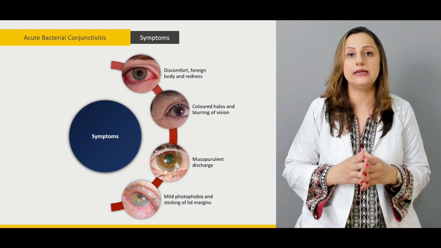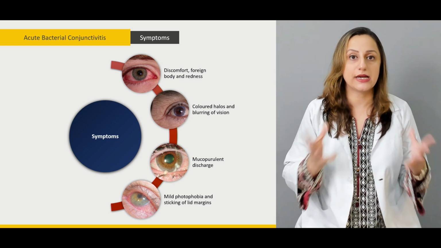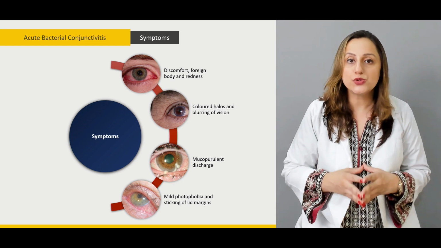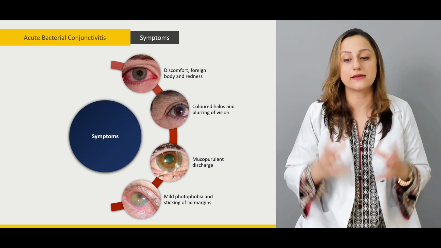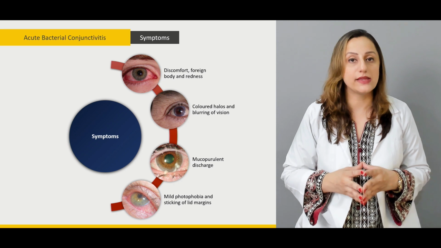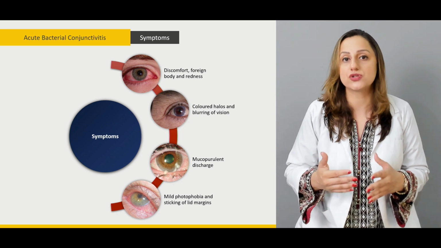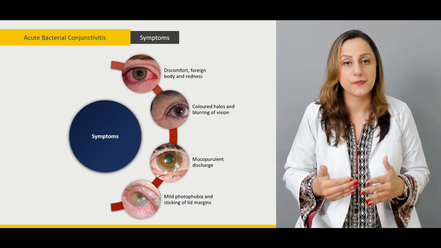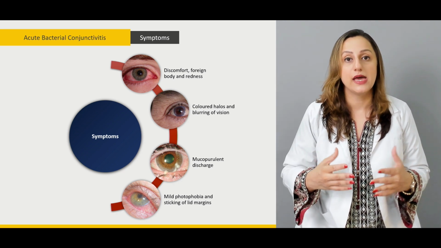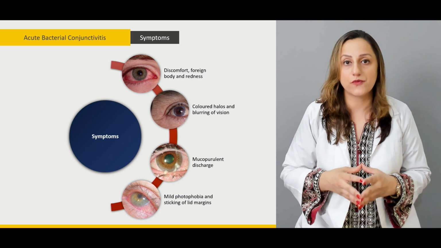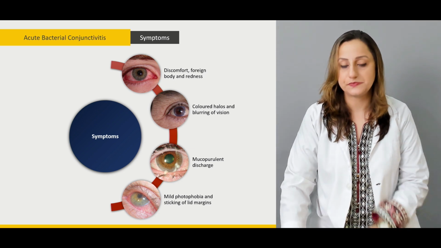Photophobia is basically discomfort when the patient comes into light. So the treatment would also encompass that the patient uses sunglasses. The stickiness of the lid margins is one of the features the patient would complain of, especially when he wakes up in the morning, with stickiness of both the upper and the lower eyelids.